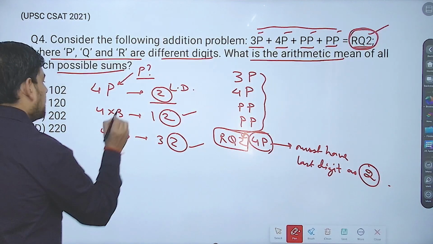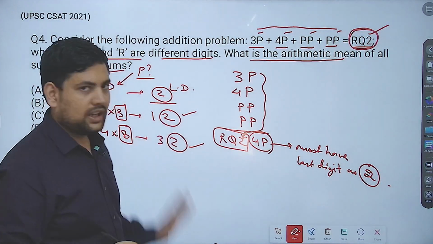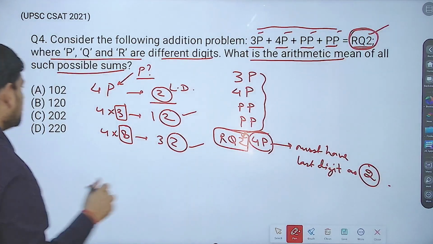So basically for p equal to 3 and 8, you can get last digit 2. So there are only two possibilities now.